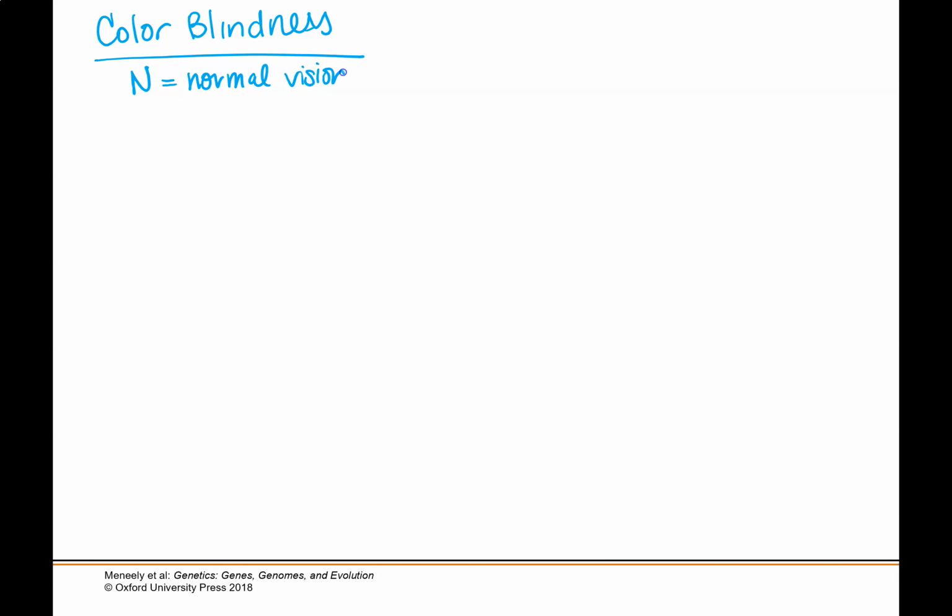So let's go through a couple of examples of Punnett squares with this. Let's look at color blindness. Let's call our allele N. N is going to be normal vision, and lowercase n is going to be colorblind vision.